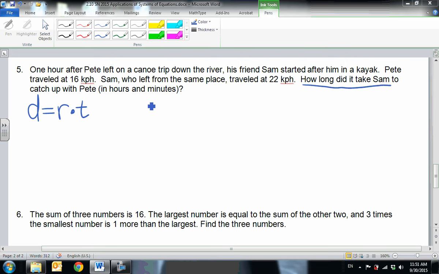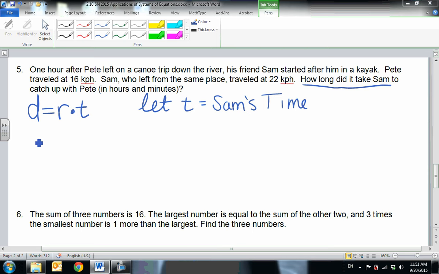What's super important here is that you define your time, and I recommend that you use the time that you're being asked about. So I'm going to let T be Sam's time. You are not wrong if you choose Pete's time. It's just a little trickier because you've got to remember to change it at the end. So I'm going to let T be Sam's time.